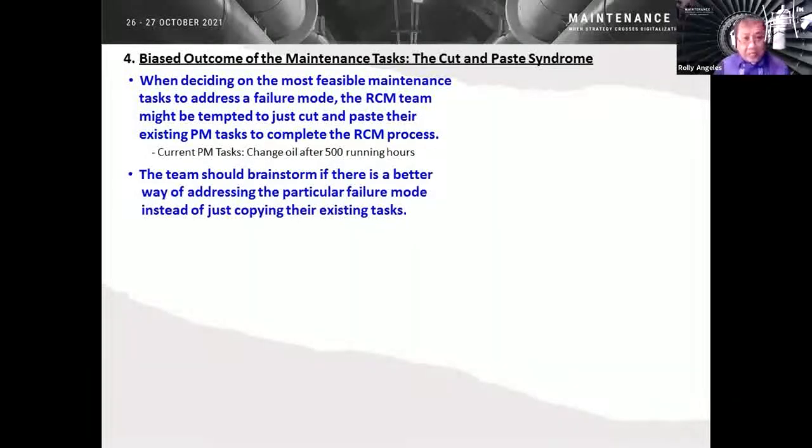So the team should brainstorm if there is a better task instead of just cutting and pasting their existing tasks to the derived RCM. Now, if this is done, then nothing will change.